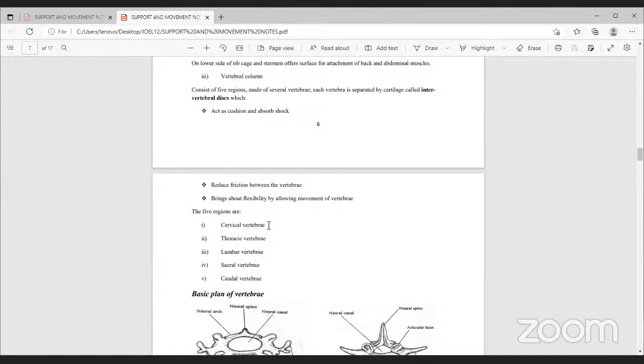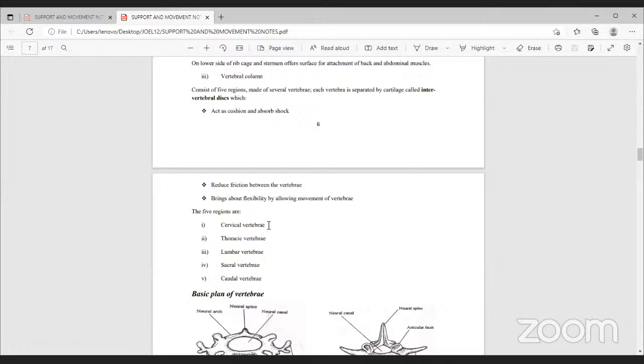Then you talk about the 5 in the lumbar vertebrae. They are all the same. They have every morphological feature appearing the same. So we are going to look at them each at a time. Then the cervical vertebrae, you realize that there are 7.